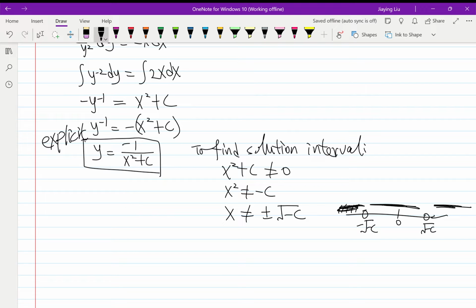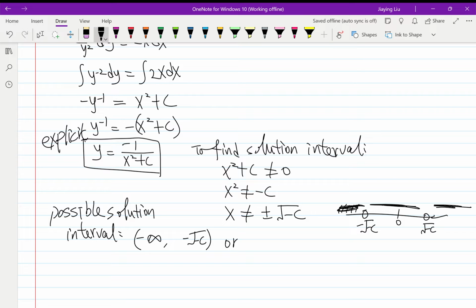So at the end, the possible solution interval is going to be negative infinity to negative square root of negative c, or we can have between those two values, negative square root of negative c to positive square root of negative c.